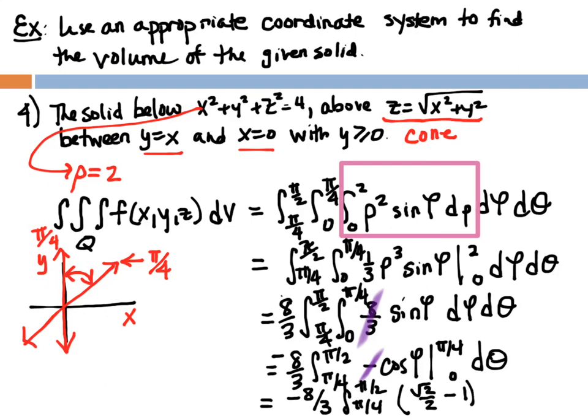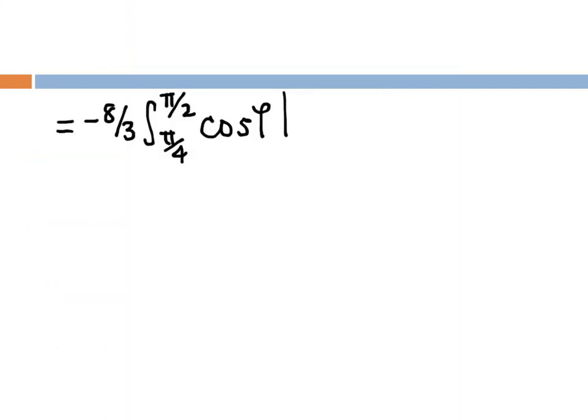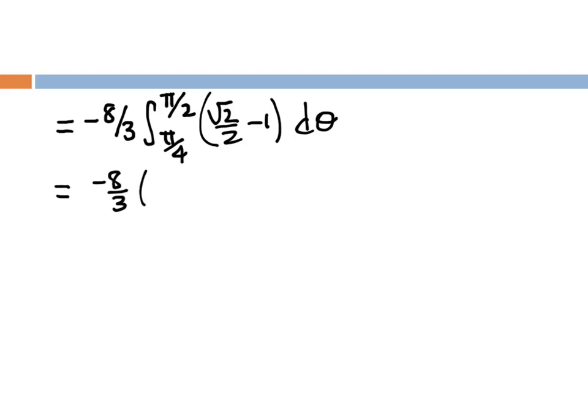So we have square root of 2 over 2 minus 1. And we're going to do that with respect to theta next, which is kind of nice because it doesn't even have a theta in there. Obviously, it's just going to end up being times theta, so I've got 8 over 3 times square root of 2 over 2 minus 1 times theta, evaluated at pi over 2 and at pi over 4.